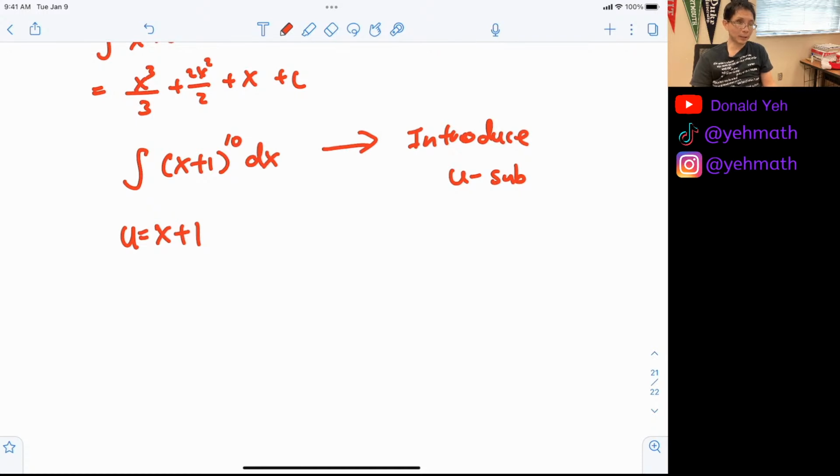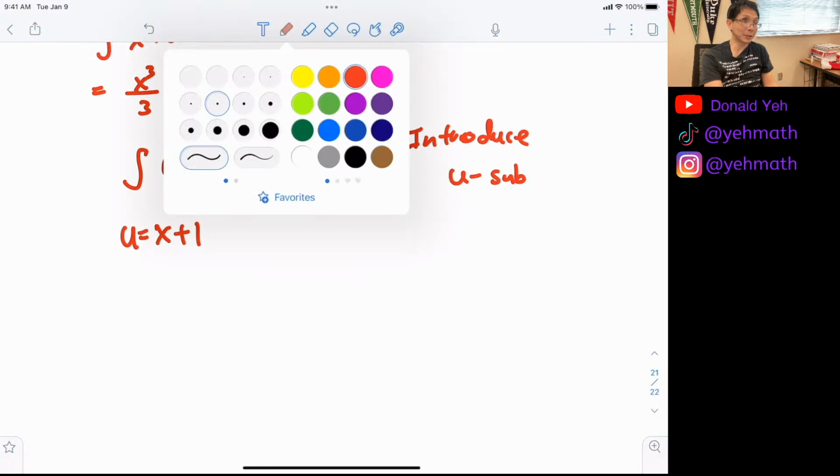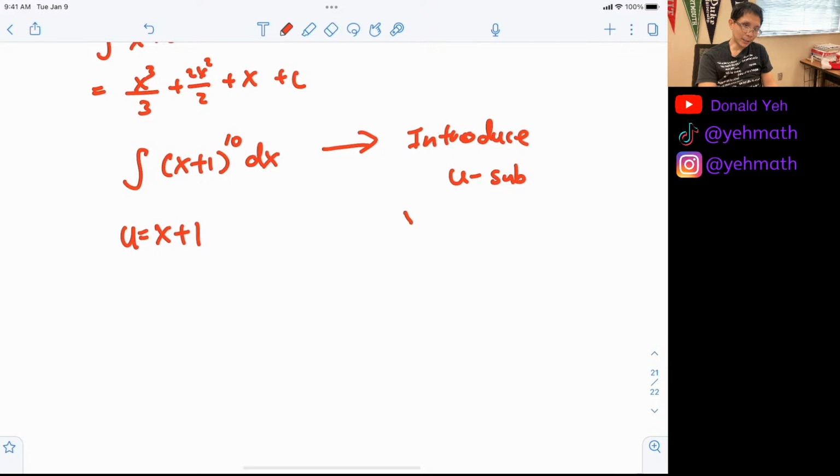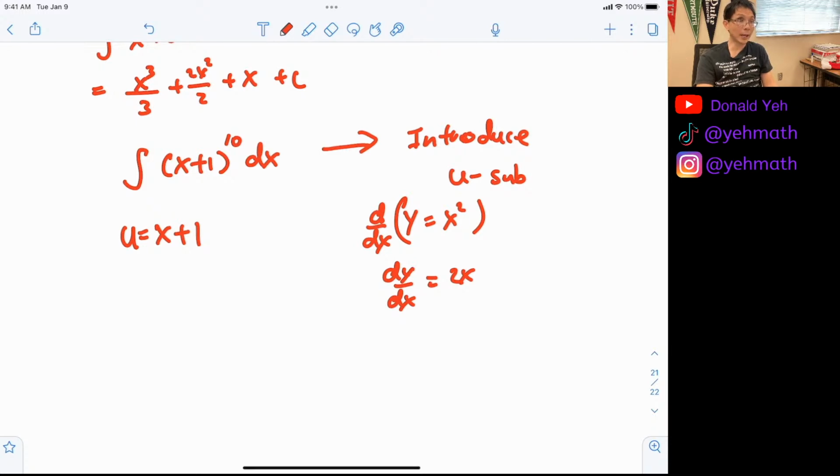The second step is to take a differential on both sides, or a derivative without respect to anything. For example, if I take a derivative of y equals x squared implicitly, I'm taking the derivative with respect to x. Does that make sense? That's going to give you dy/dx equals 2x, because dx over dx doesn't need to show.